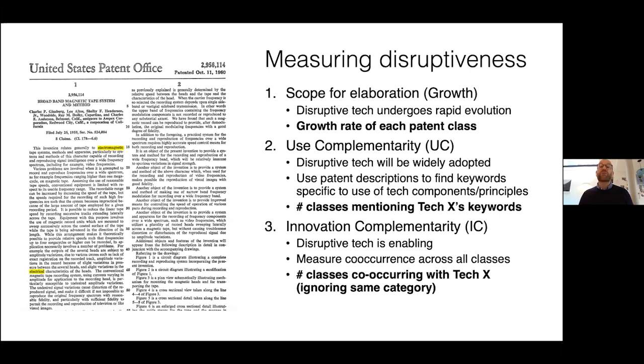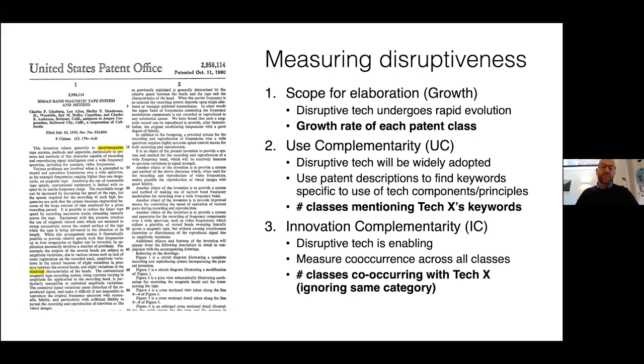Here we're simply calculating the growth rate for each patent class. Second, a disruptive technology should be widely adopted and widely used by other technologies. Here we're using the patent descriptions to find keywords that are specific to the use of particular other technologies, and then counting the number of classes that mention a particular technology's keywords. One that gets mentioned more often will have a higher use complementarity.